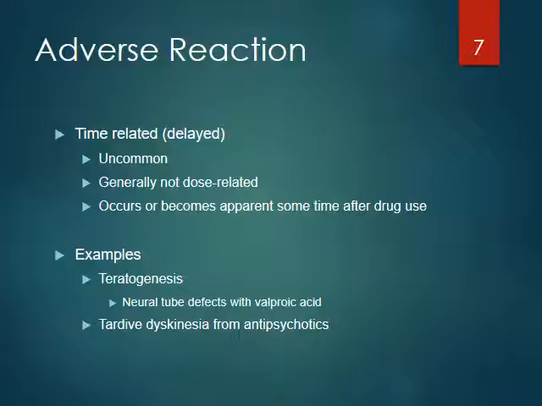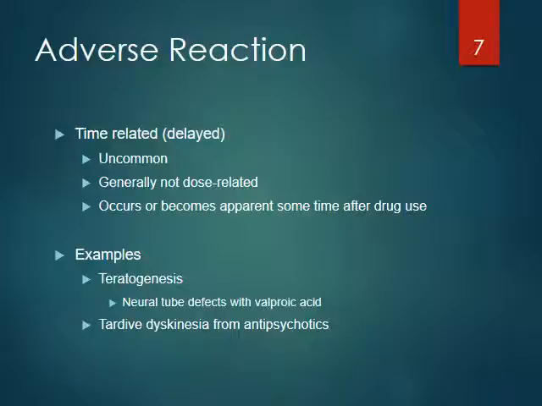It's one of those things where if you know that a patient is at risk for one of these delayed adverse reactions, potentially you could limit the duration of time that the patient would be on the medication, or try cycling off to a different type of medication that may have less chance of causing similar side effects. Obviously with teratogenesis, one of the big things you have to do is make sure you're practicing safe sex and appropriate contraception in order to prevent the potential fetus from being exposed to the medication.